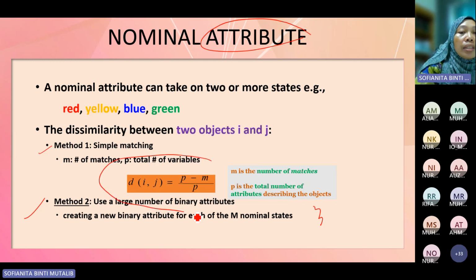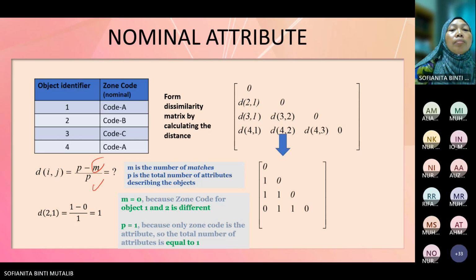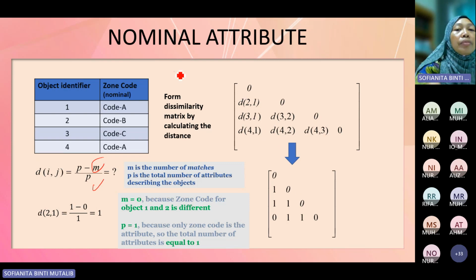Let's just recap. For simple matching, the distance is calculated as the number of variables minus the number of matching attributes, divided by the number of variables. Here in this example, we have only one variable. This would be the dissimilarity matrix. I'm not going to show it one by one again because it's been covered before.